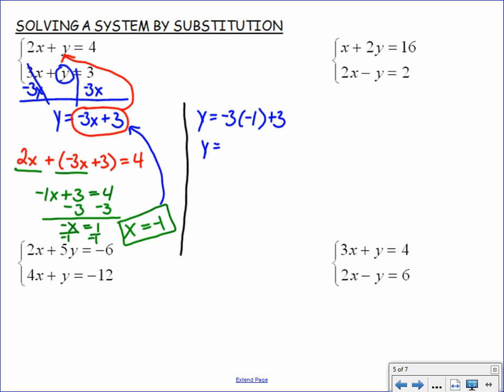So y is equal to 3 plus 3. y is equal to 6. Our ordered pair goes with the x value first and then the y value. This is the solution to the system of equations.